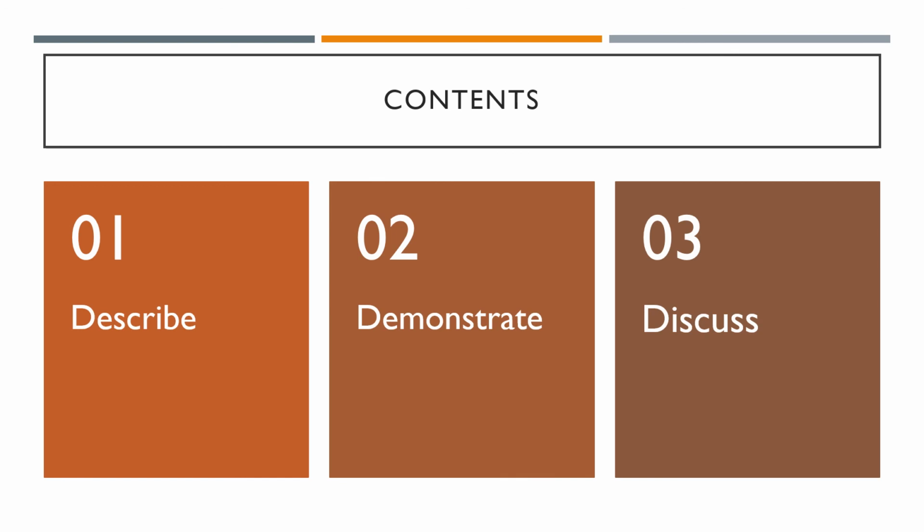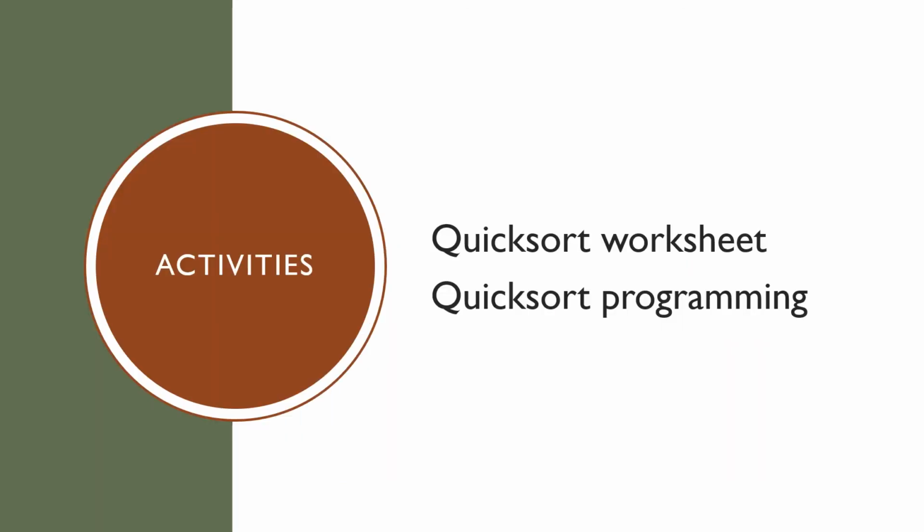So in this short lesson, I've described how quicksort works and demonstrated it on an example, and we've discussed a few of the good and bad points and how it compares, particularly how it compares to merge sort. If you're my student, I've got a worksheet and we'll go through some quicksort programming lessons, but I'm going to leave quicksort now.